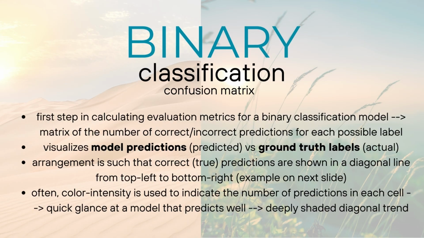An example is shown on the next slide. Often, color intensity is used to indicate the number of predictions in each cell, and a quick glance at a model that predicts well reveals a deeply shaded diagonal trend. So it is a matrix of the number of correct or incorrect predictions for each possible label, this first step, also known as the confusion matrix.